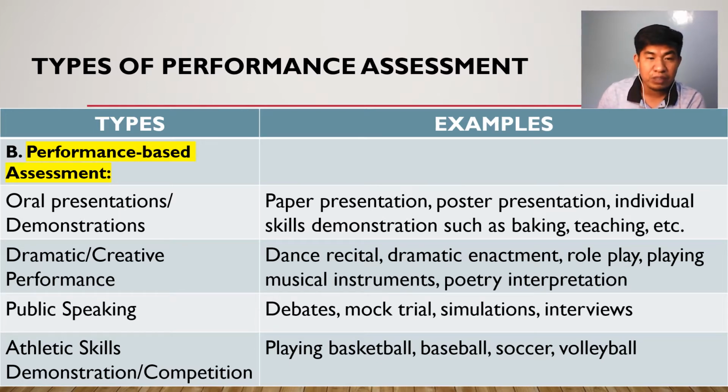Another is public speaking. Examples are debates, mock trial simulations, and interviews. Last but not least, athletic skills demonstration or competition. It's about playing basketball, baseball, soccer, and other sports.